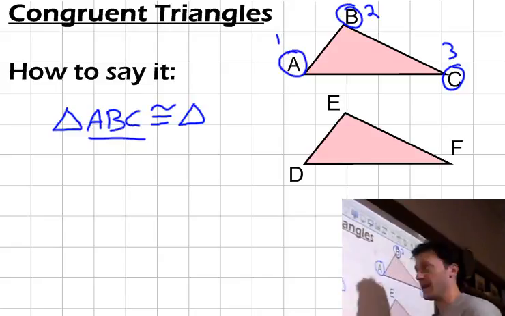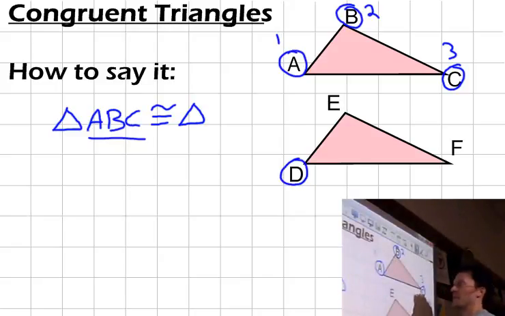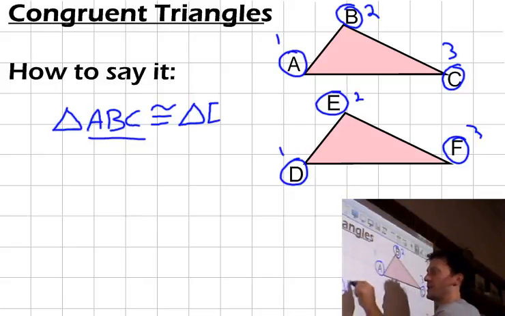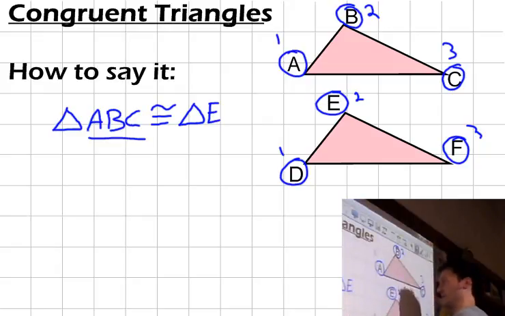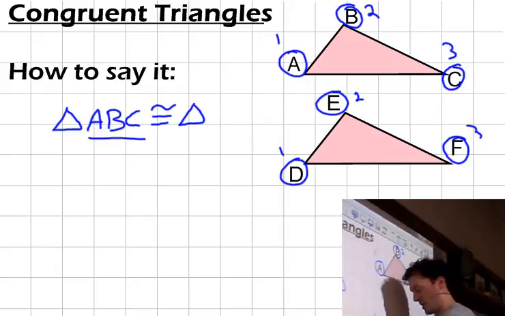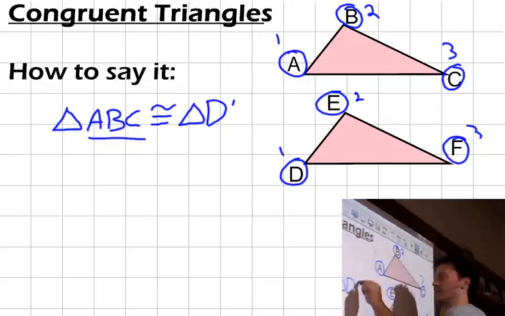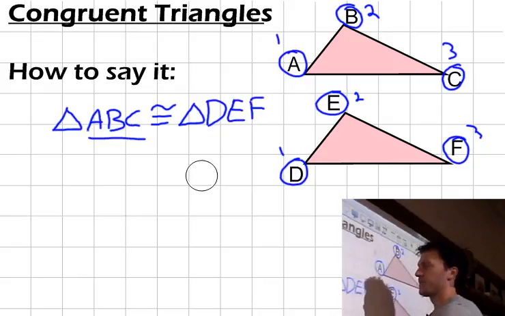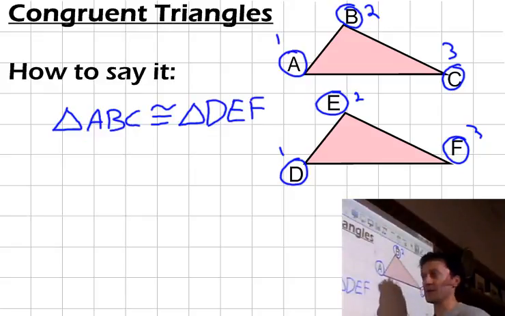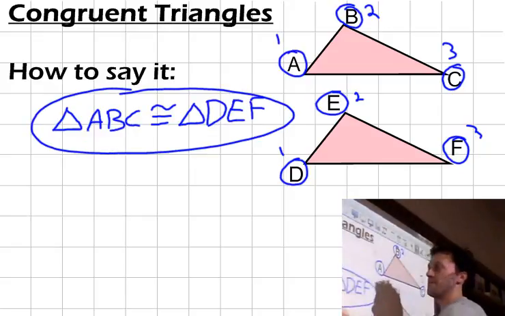I have to do that again. I have to first put this corresponding vertex, then this one, then this one. So I have to write it as being congruent to triangle DEF. Okay, because now this is actually going to tell me a lot.